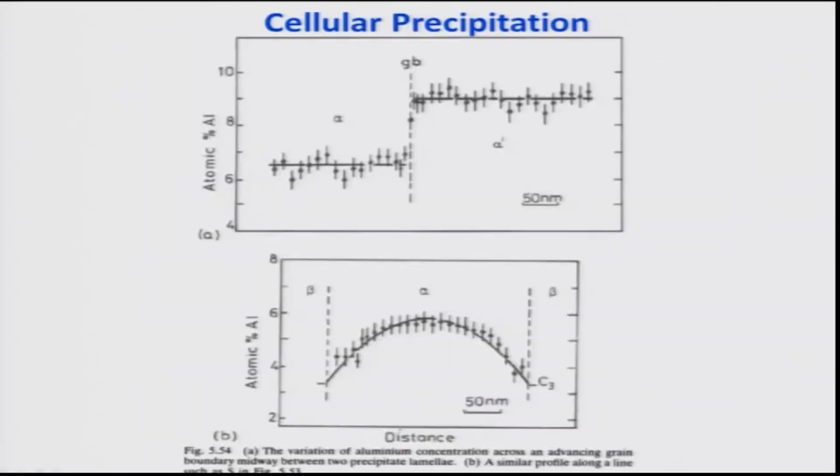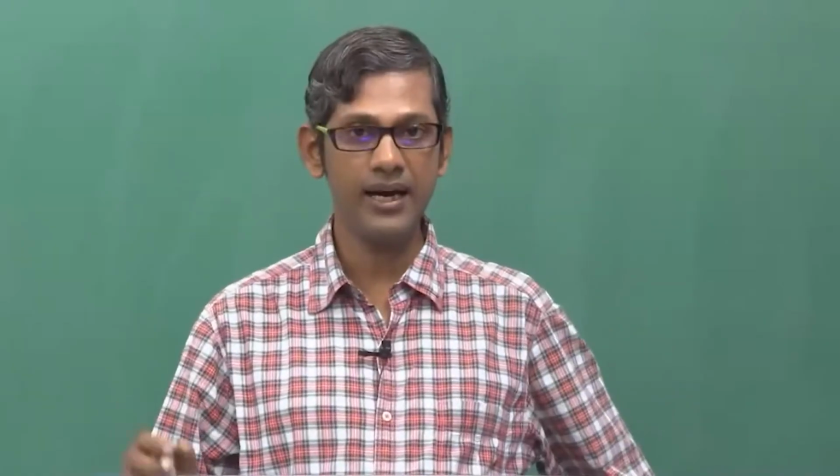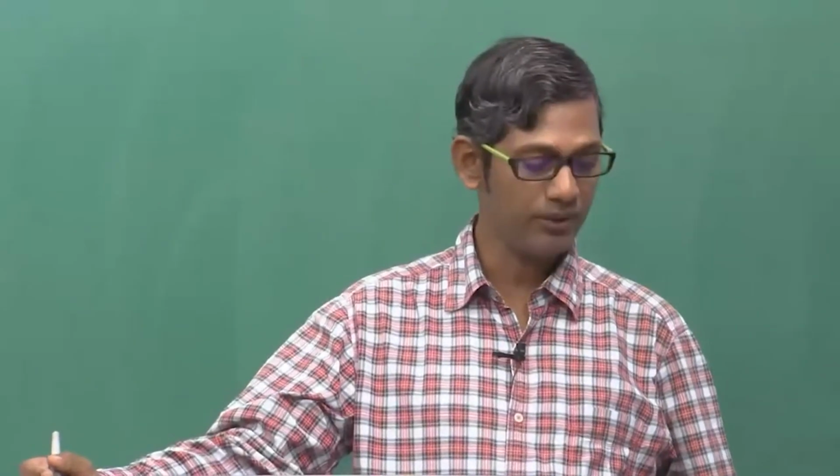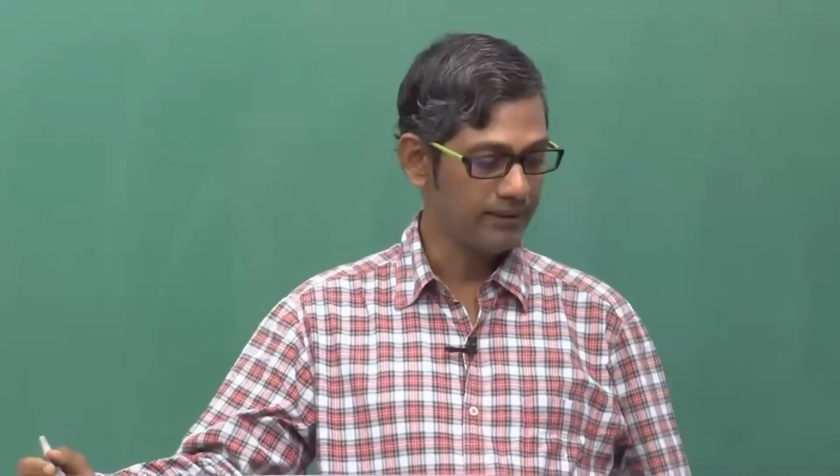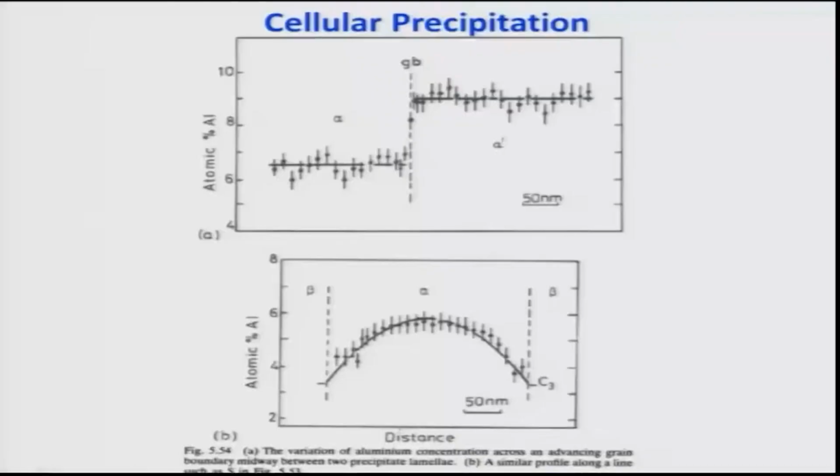Now, one can actually do detailed chemical composition measurements or microanalysis of the system using a very sensitive probe like electron energy loss spectroscopy attached to the transmission electron microscope, and that is what is shown there. As you clearly see, the composition of the matrix, this is alpha 1 and this is alpha 2.